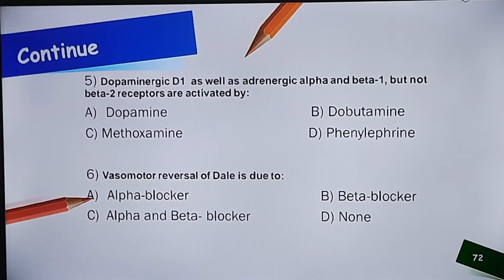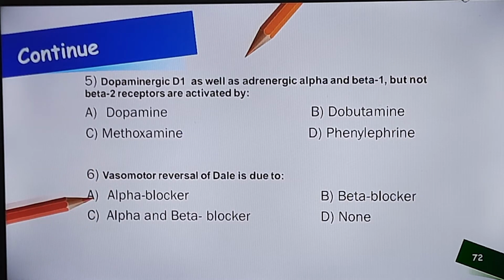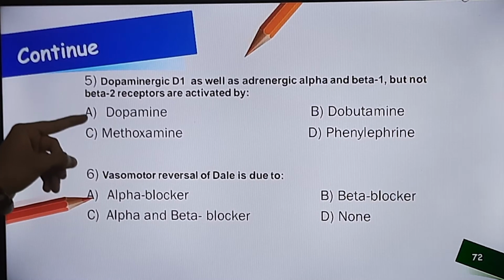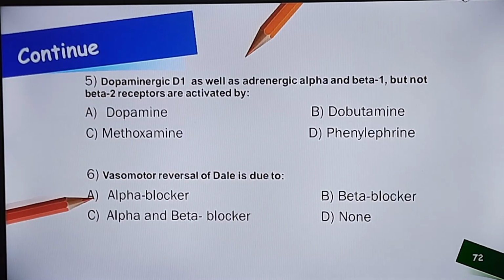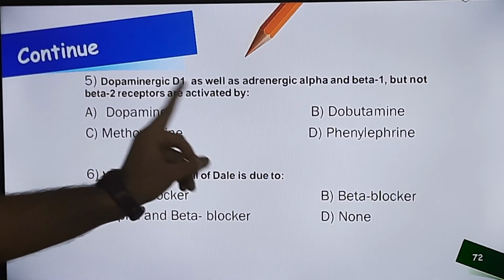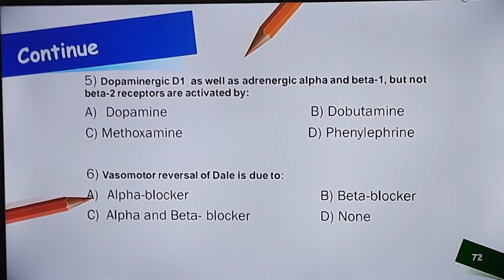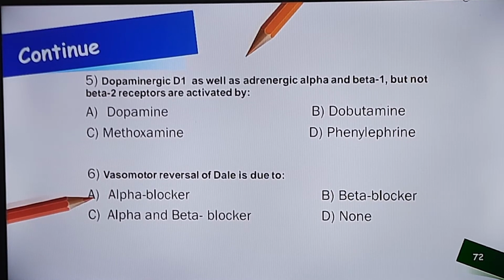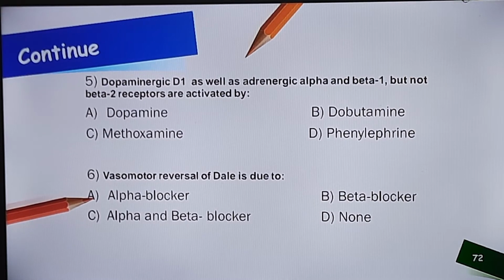Dobutamine is similar to dopamine, but it does not have any dopaminergic action. But in the question we need a drug which has dopaminergic D1 action. So dobutamine does not have this action, and option B is eliminated. Let's come to option C, methoxamine. Methoxamine also does not have any dopaminergic activity.